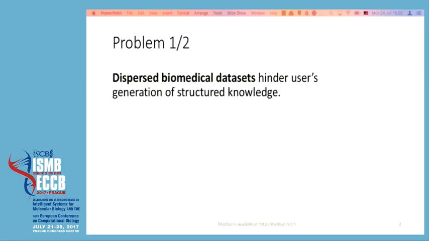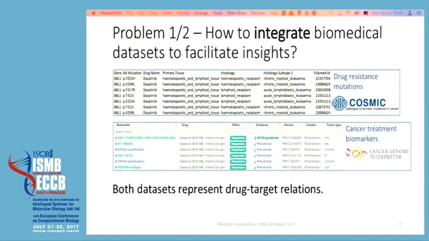First, it is a common problem in the biomedical area that the datasets are dispersed in various sources, which hinders users' generation of structured knowledge. So how to integrate the biomedical datasets to facilitate human insights can be a challenging problem.